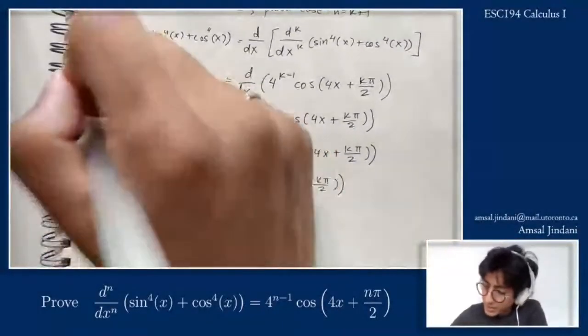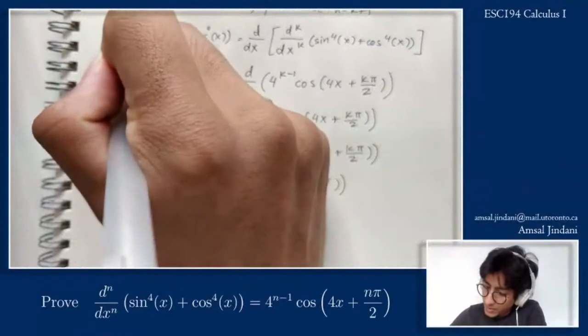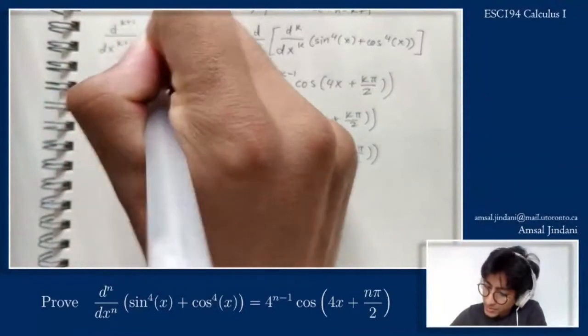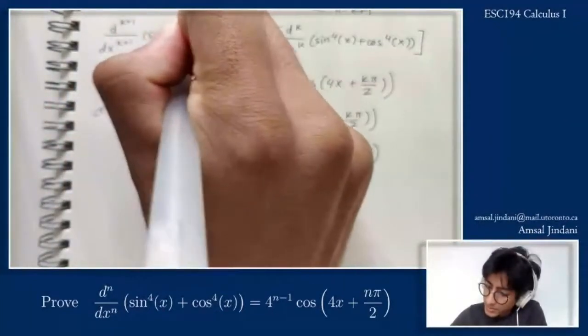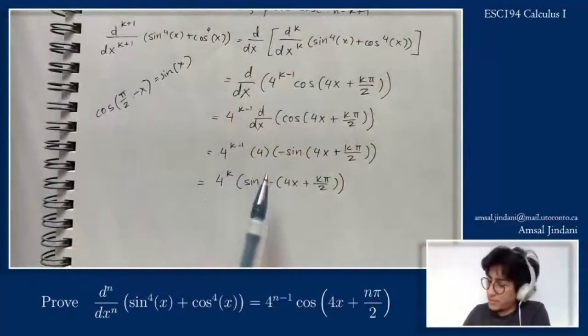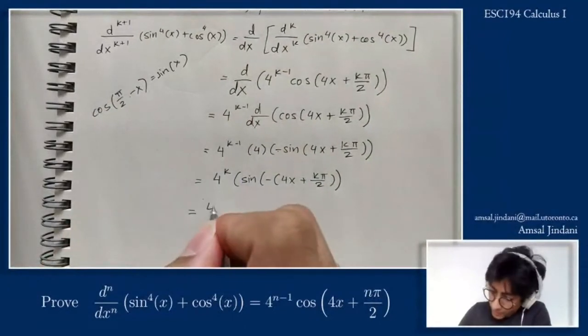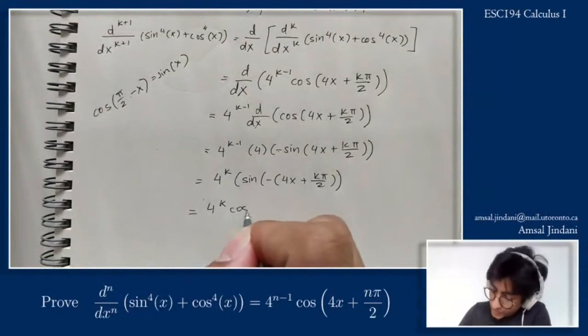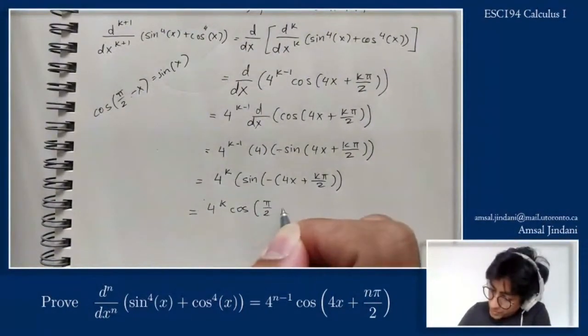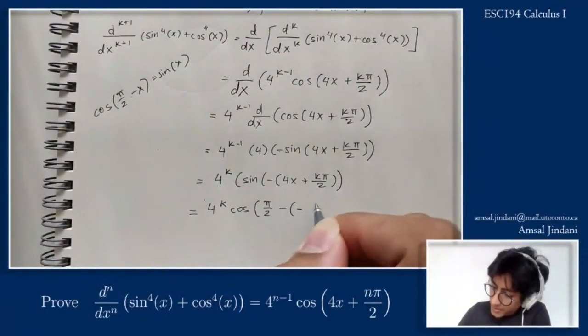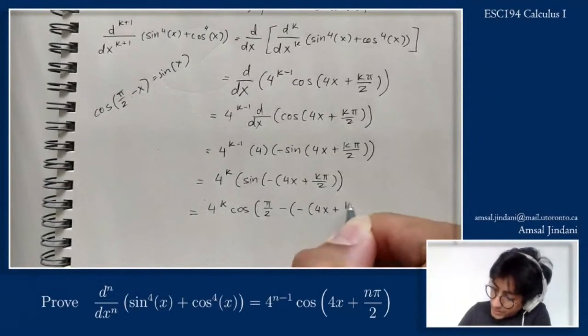And then I'm going to use that same identity we had, cosine of pi over 2 minus x equals sine x. I'm going to use that identity over here. So that's going to give me 4 to the k cosine of pi over 2 minus 4x plus k pi over 2.